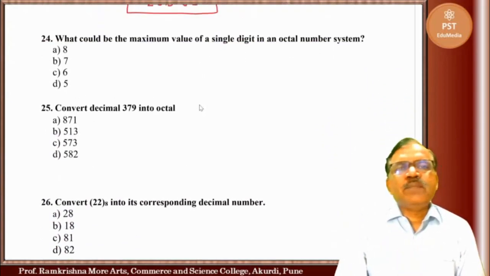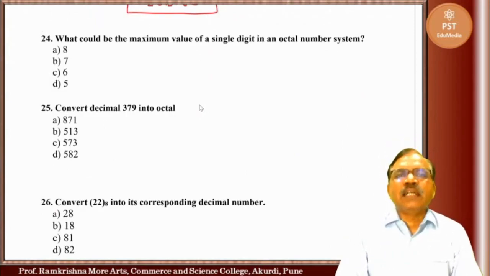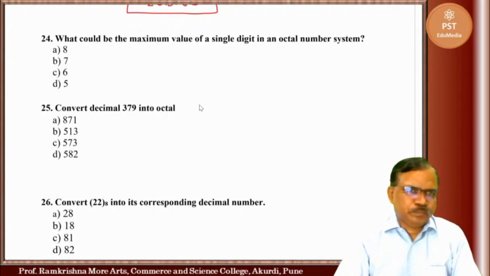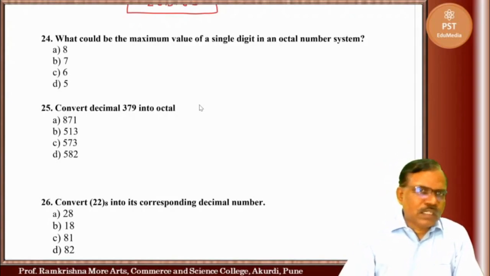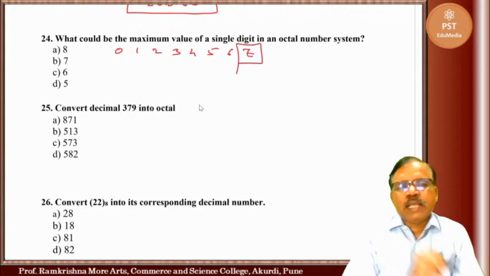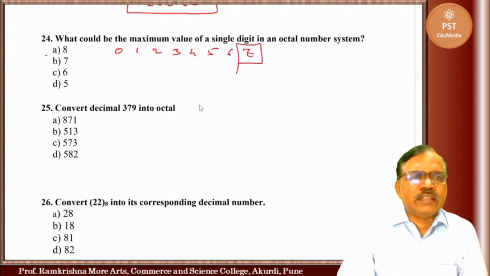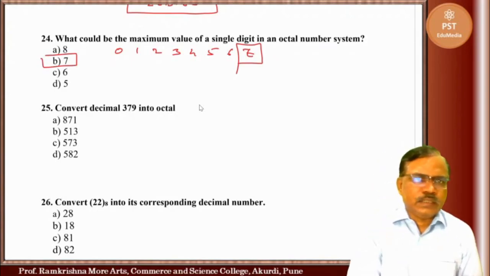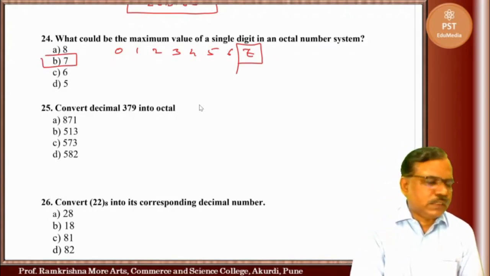Now what could be the maximum value of a single digit in an octal number system? In octal number system we use 0, 1, 2, 3, 4, 5, 6, 7. So the maximum single digit is 7. And 8 is not used in the octal system.